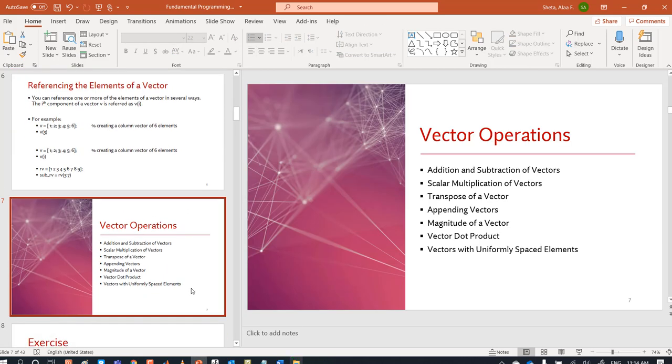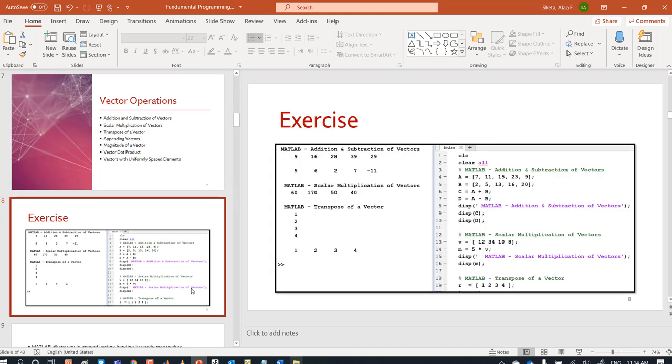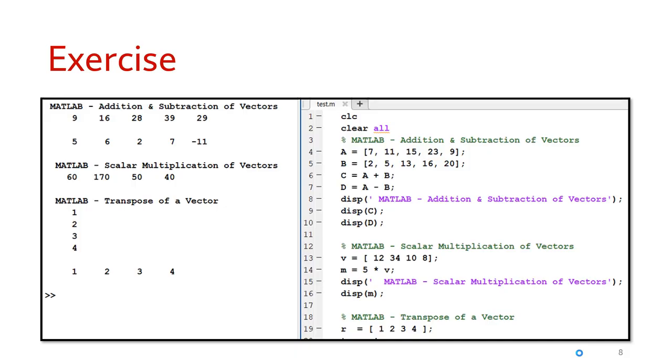Now the next step is addition and subtraction of vectors. You can do addition and subtraction of vectors. These are some of the examples that we can discuss here. When you say clear all, of course it clears everything. CLC clears the screen. Clear all means clear all the variables in the memory.